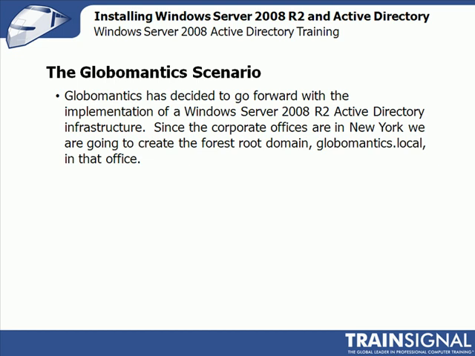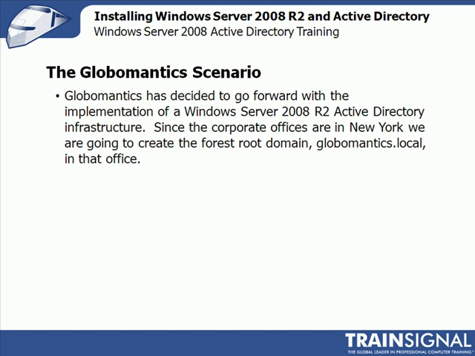The reason we're going to use that name is because we wanted to stick with a name that makes sense to the company. In other words, the name of the company is GlobalMantic, so that's where the GlobalMantic portion of this name comes from. But we want to have some separation from GlobalMantic's external facing web presence, which is globalmantic.com.